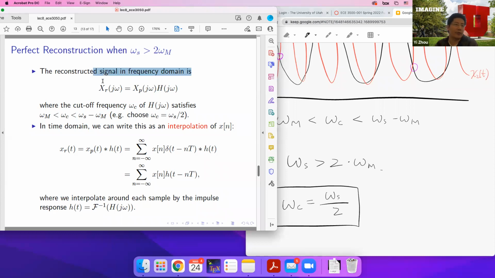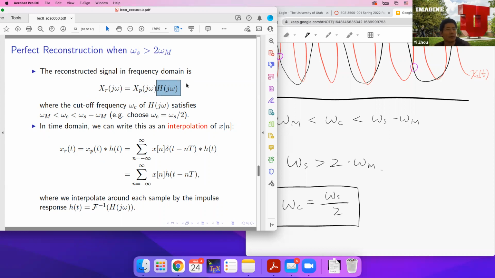Okay, so this is the filtering equation, low-pass filtering in the frequency domain. Now we can translate this back into the time domain, which means that you have your sampled signal, x_p(t), and then in order to apply this low-pass filter, you need to figure out the corresponding signal, h(t).